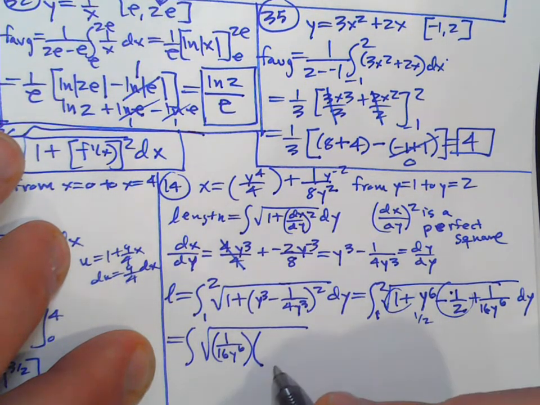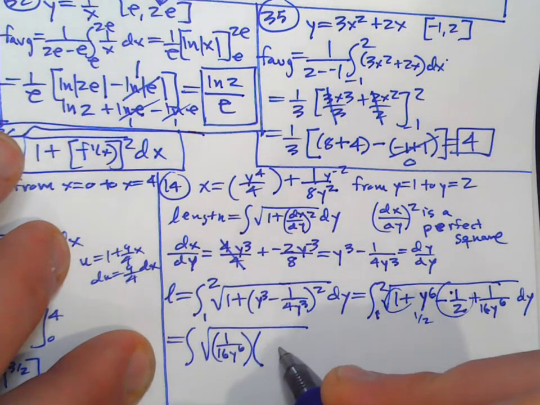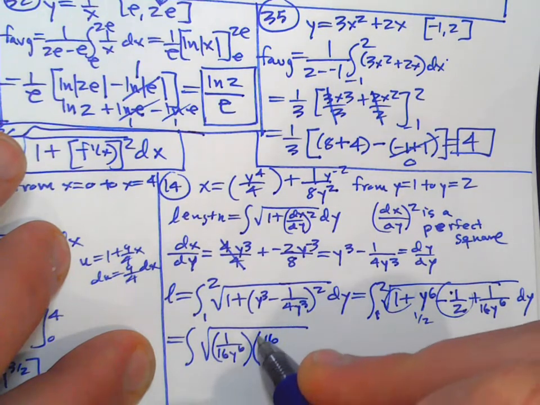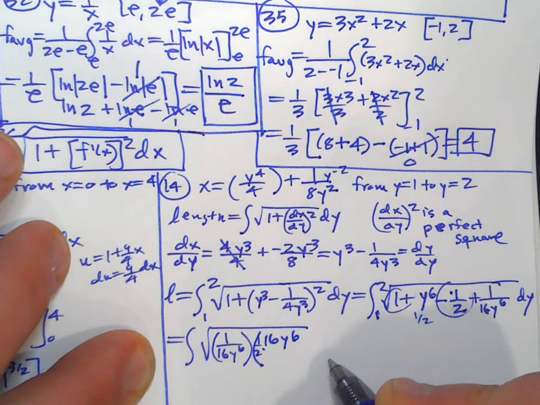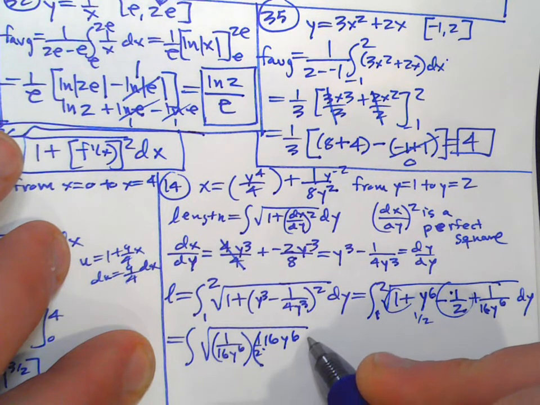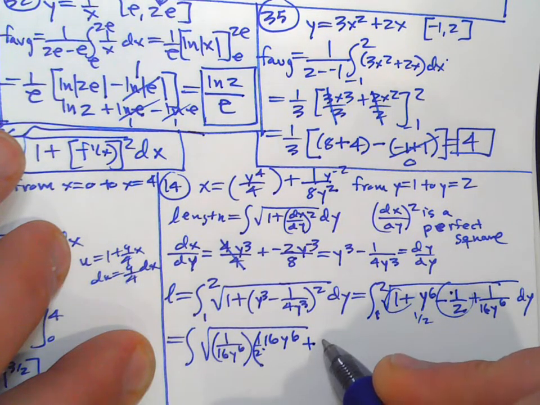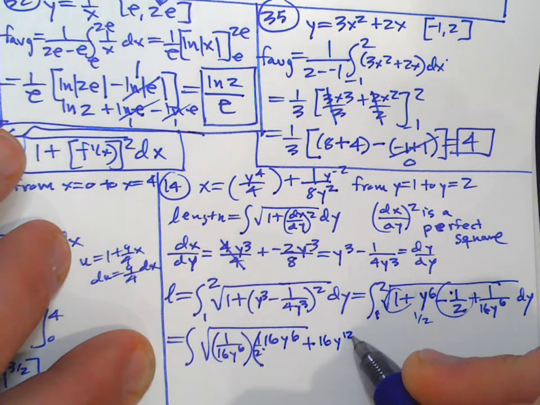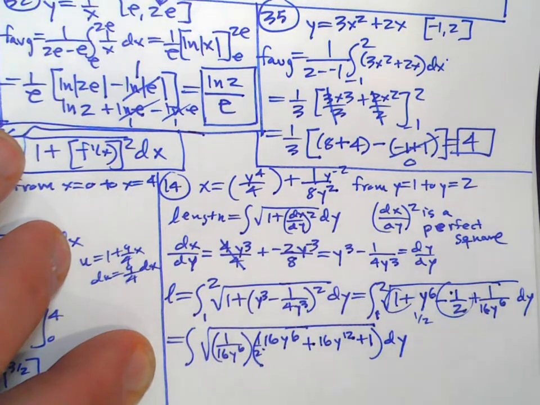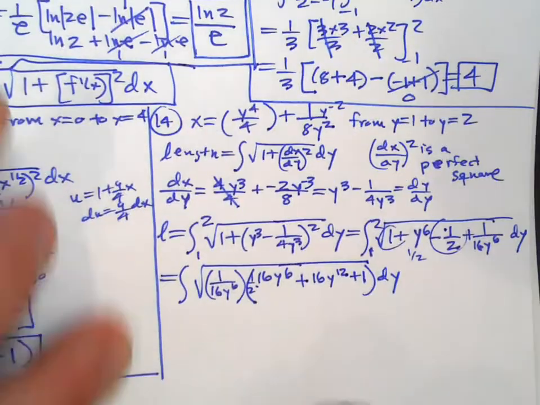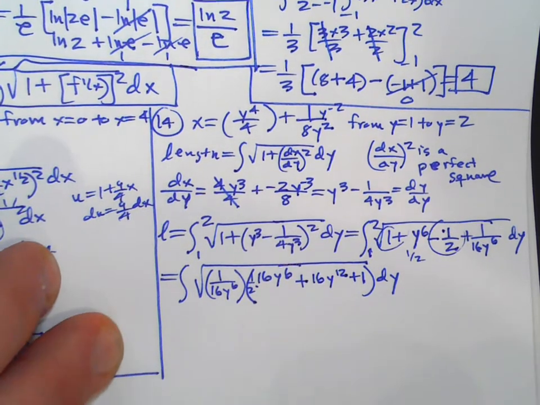So this is going to be 16y to the 6th, plus 16y to the 12th plus 1. Oh my gosh, this is so gross. Okay, I think we're getting there.